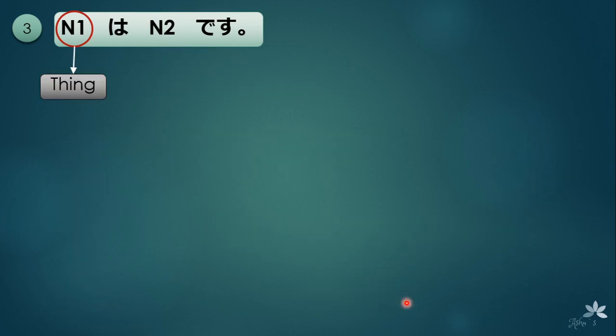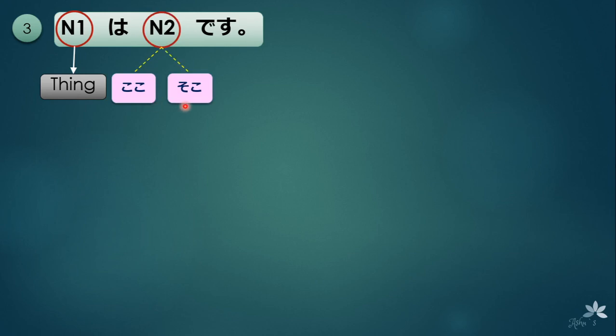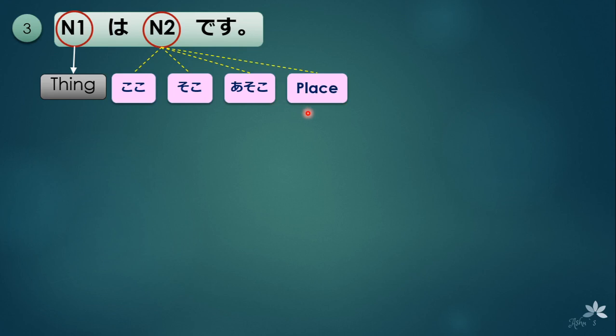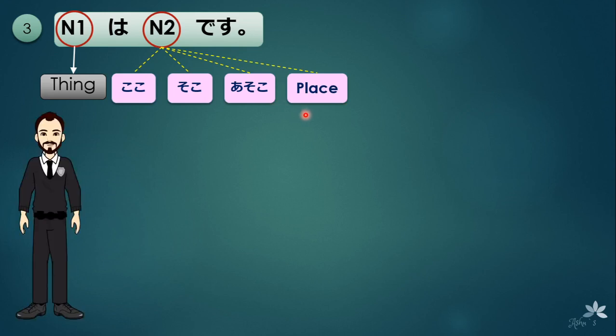Let's go to the next situation, when N1 is a thing. And N2 again can be koko, soko, asoko or some other place. Let's understand with examples.